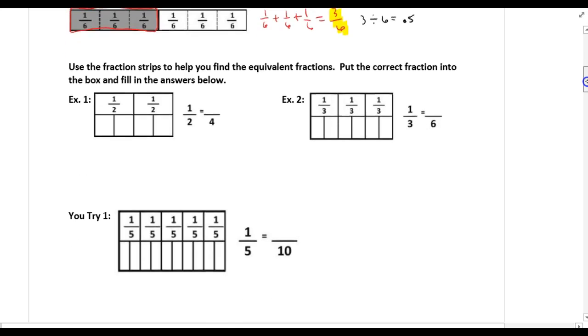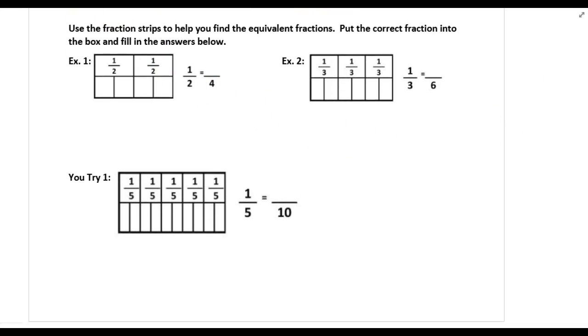So let's take a look and try to make this even easier to understand. So right now it says use the fraction strips to help you find the equivalent fractions. Put the correct fraction in the box and fill in the answers below.